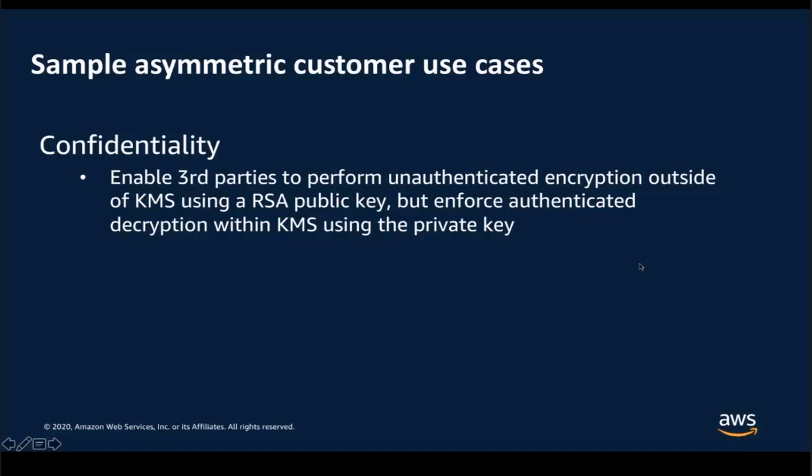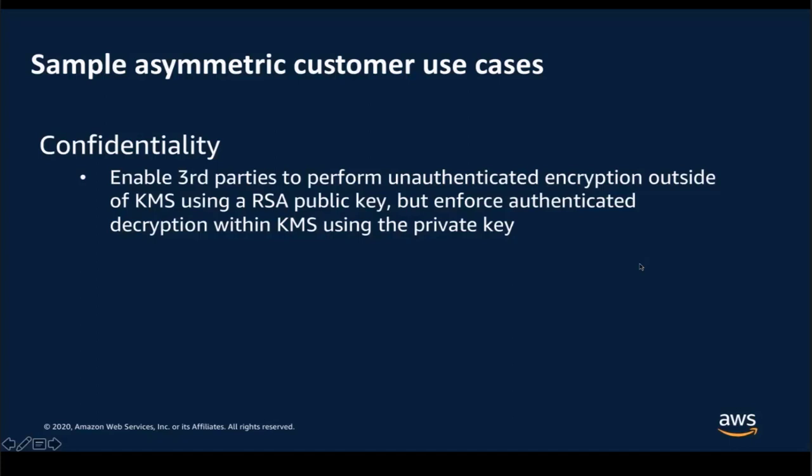So what that third party will be able to do is share with you encrypted data and an encrypted copy of the symmetric key using the public key that you've shared with them. And now you will come to KMS, get the symmetric key that they shared with you encrypted under the public key, decrypted using the CMK, and now you will be able to decrypt all of the data that they shared with you that was previously encrypted using that symmetric key.